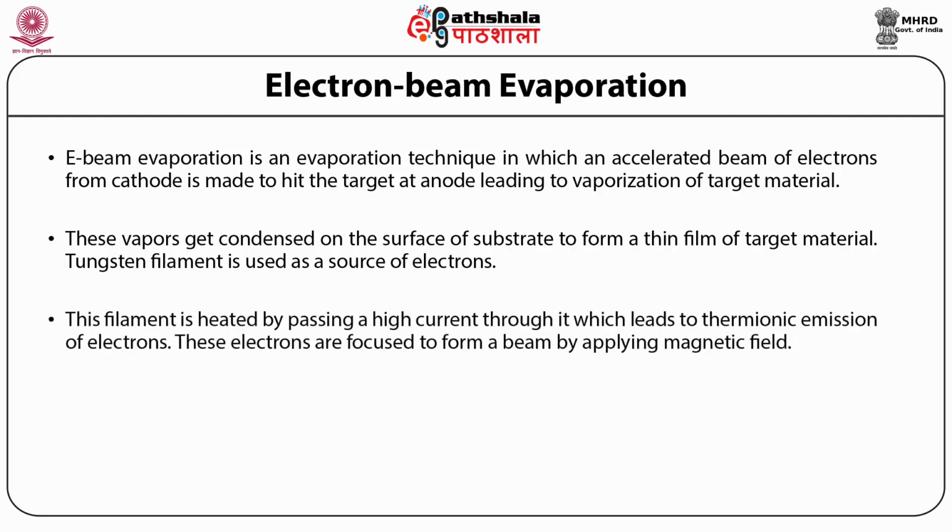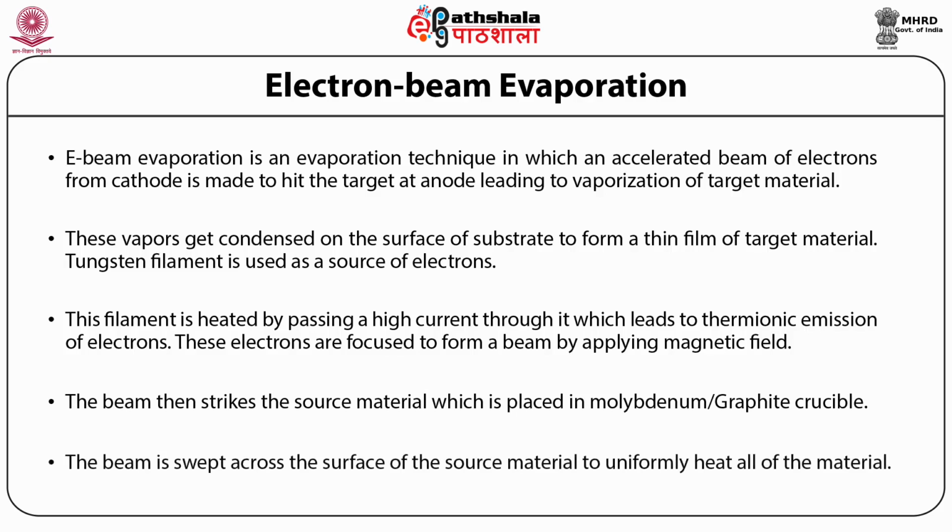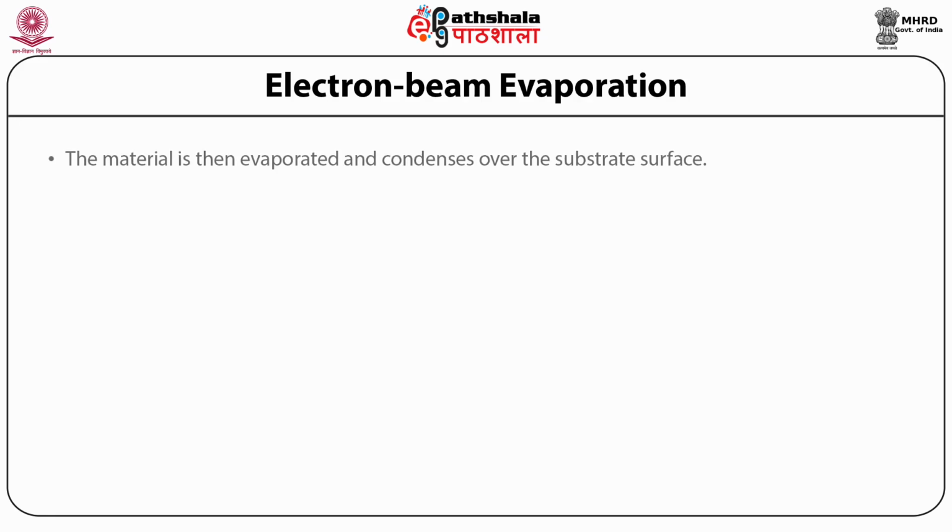This filament is heated by passing a high current through it, which leads to thermionic emission of electrons. These electrons are focused to form a beam by applying a magnetic field. The beam then strikes the source material, which is placed in a molybdenum or graphite crucible. The beam is swept across the surface of the source material to uniformly heat all of the material. The material is then evaporated and condenses over the substrate surface.